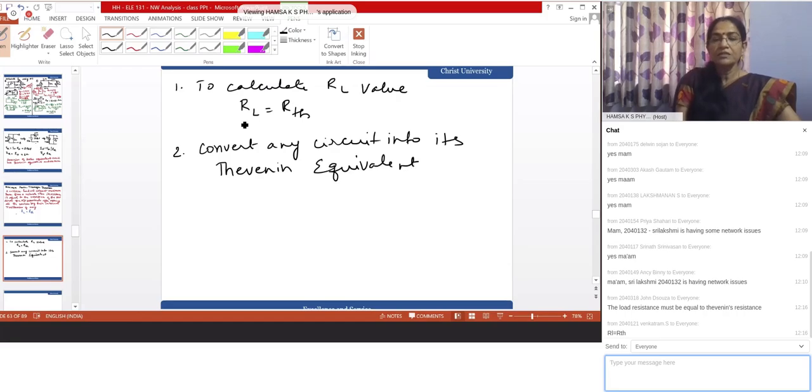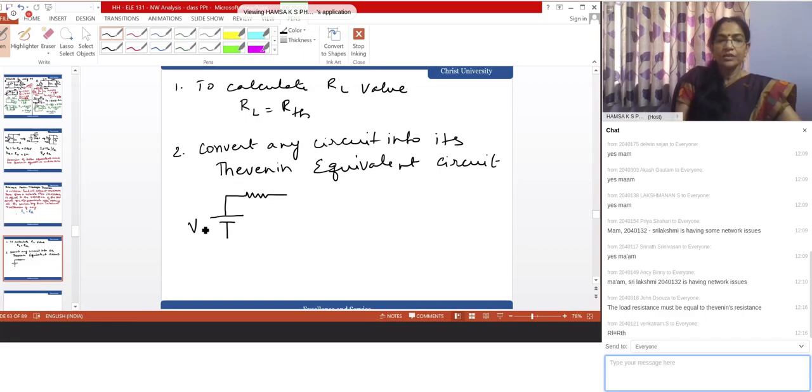First step is calculate the value of RL, then convert any circuit given into its Thevenin equivalent circuit. What is Thevenin equivalent circuit? Find out VTH, find out RTH. RTH already you have calculated. Find out VTH and then draw the Thevenin equivalent circuit. So any circuit given, when you are applying maximum power transfer theorem, you convert it into its Thevenin equivalent circuit.